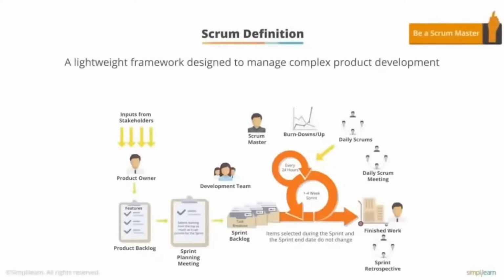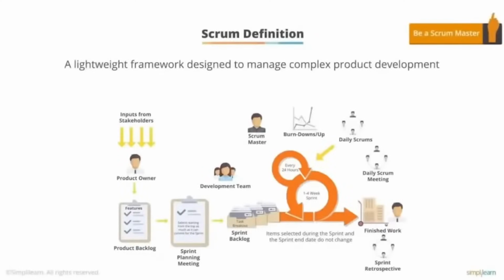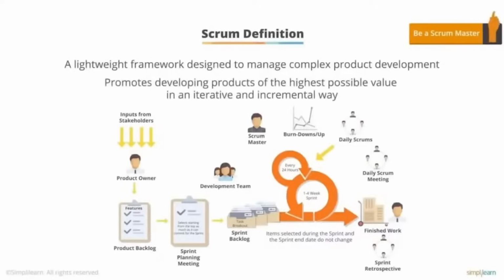Think of Scrum as a lightweight framework that utilizes principles and practices that assist teams in delivering working software in short cycles to the customer, enabling rapid feedback, continuous improvement, and quick response to change. It promotes delivering value, as in working software to the customer, in an incremental and iterative way.